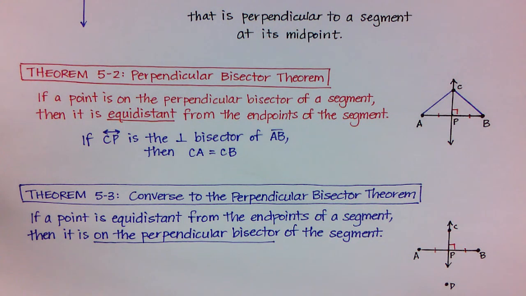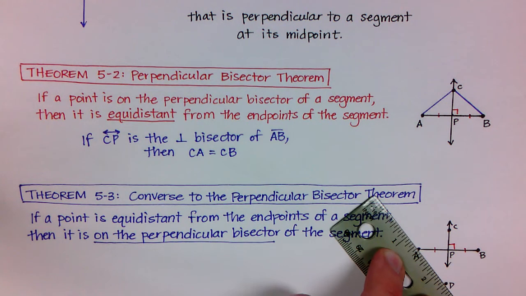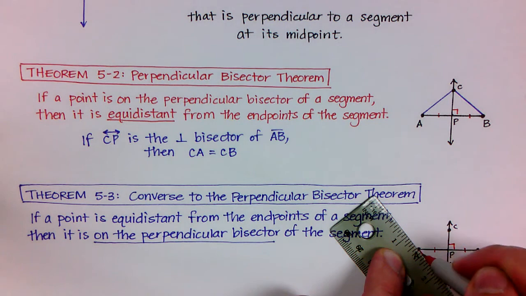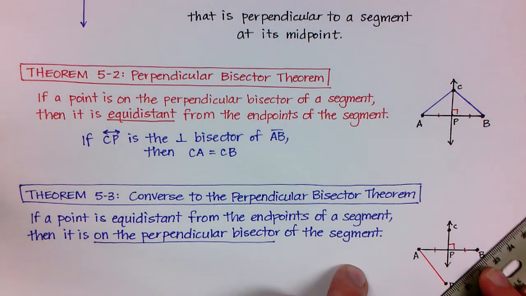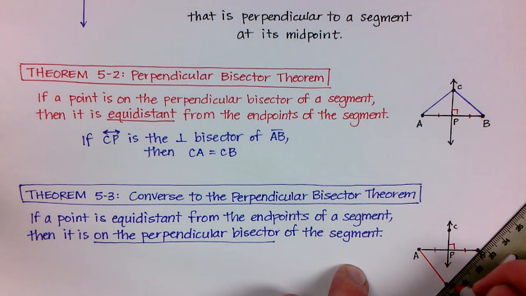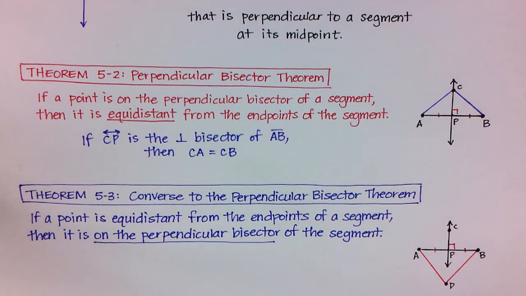And so what it's saying is that if this point is equidistant from A and B, so if I draw this in the diagram, this distance and this one, if those two segments are exactly the same, then D must be on this perpendicular bisector of CP.